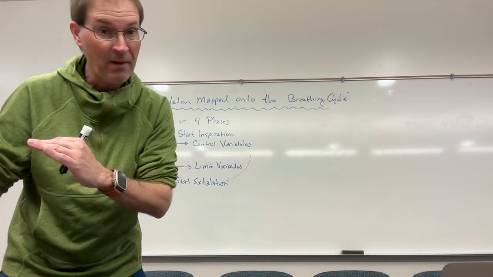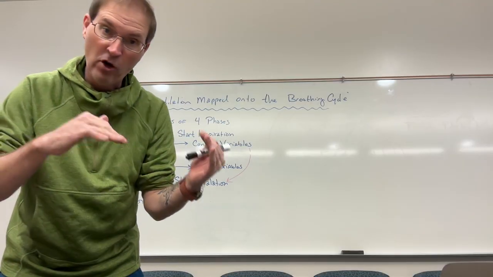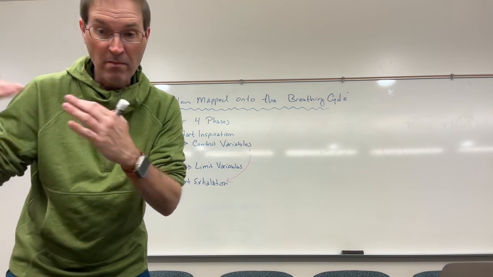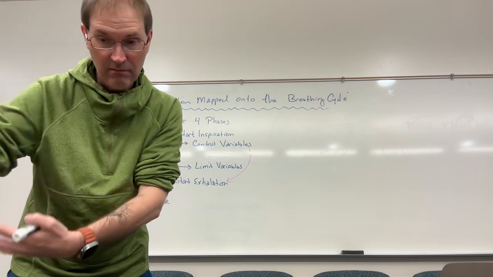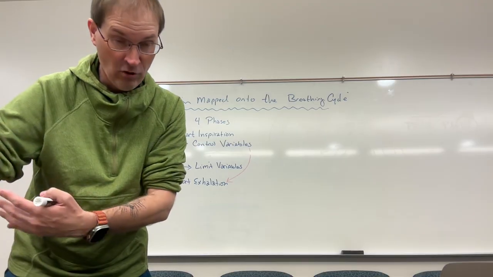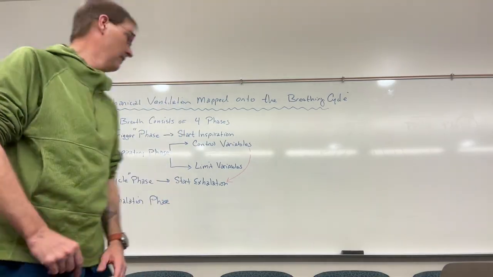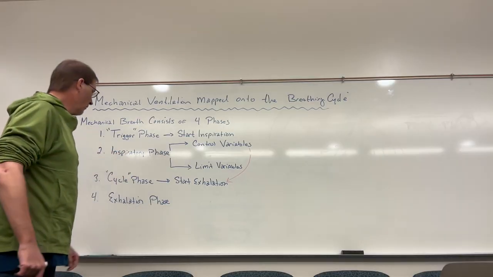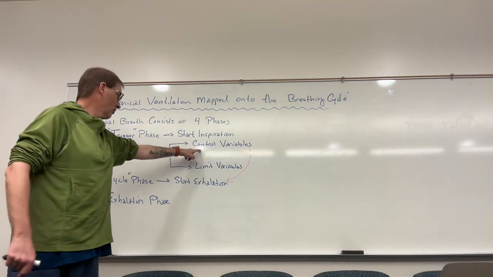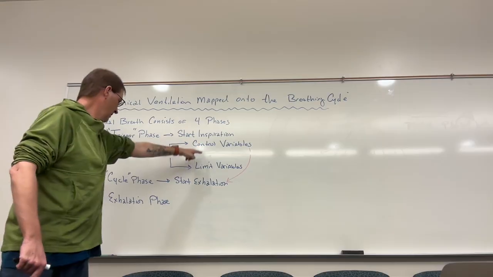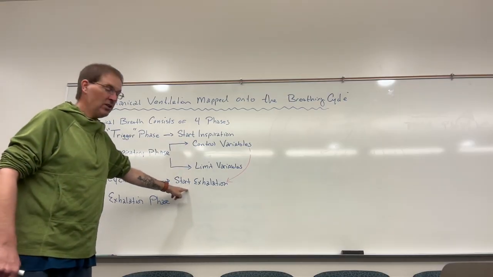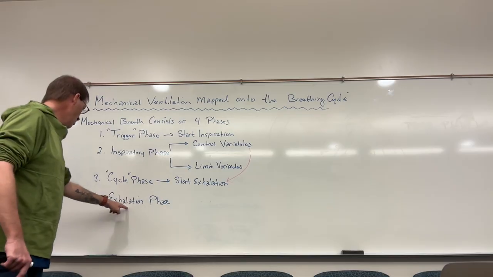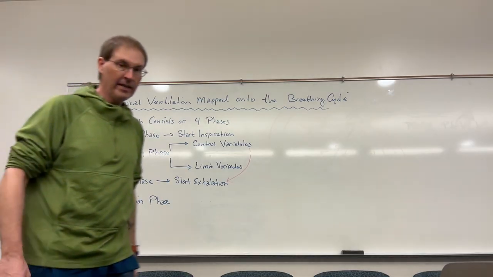And then on top of that, either that volume or pressure that you're controlling, that you're using to cycle, you may have some limiting variables that you're putting in as well. All right? So that is the inspiratory phase. And then the cycle phase, again, is whatever control variable is met to start exhalation.